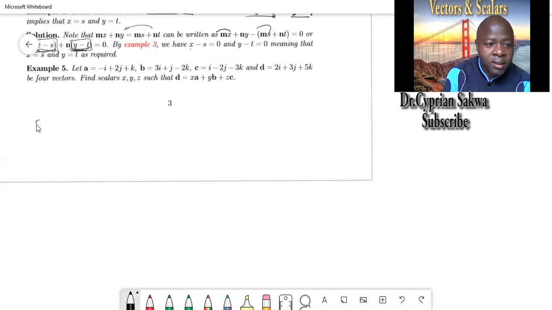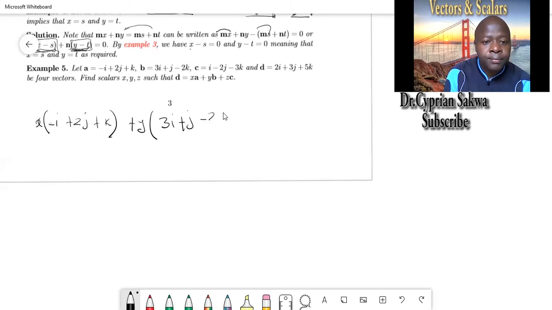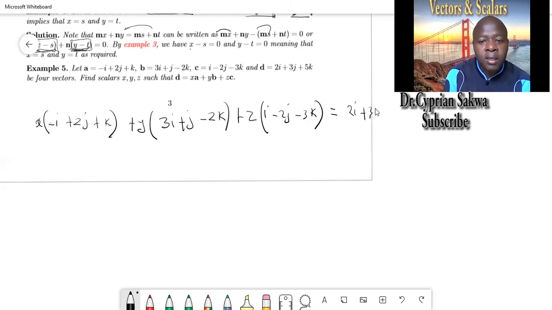The right side says x multiplied by A plus y multiplied by B plus z multiplied by C to give me D, but D is 2i plus 3j plus 5k.